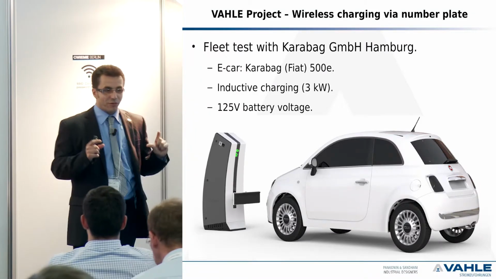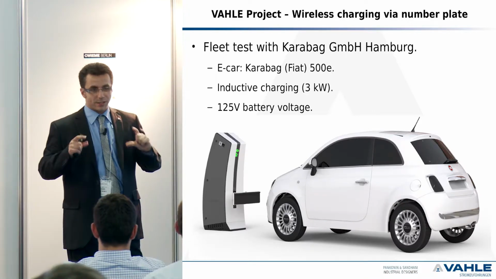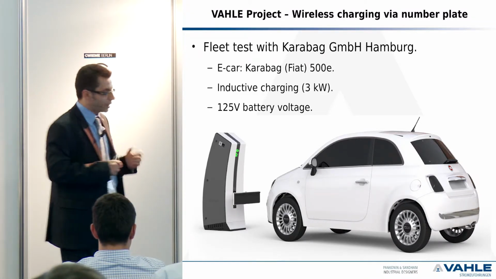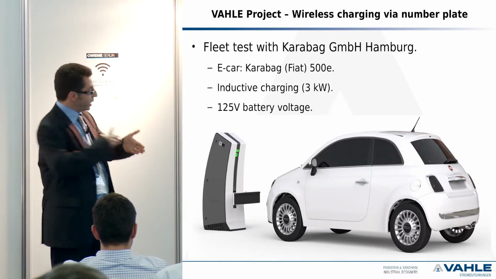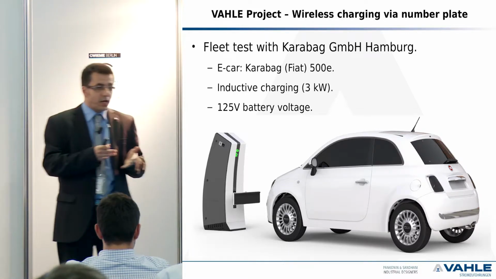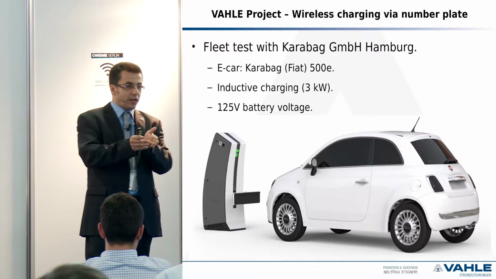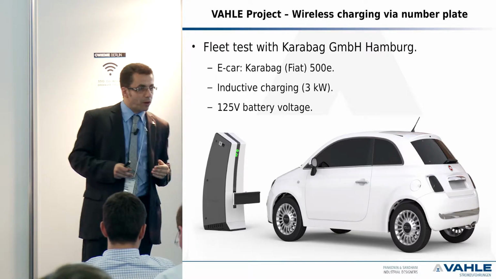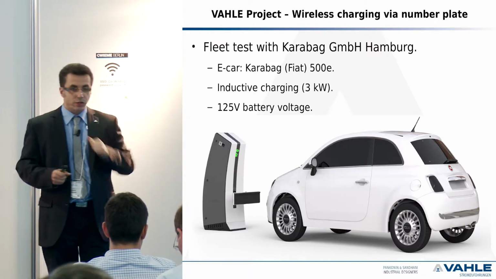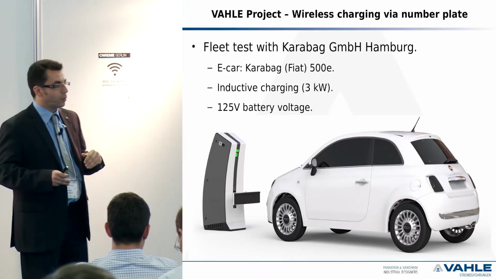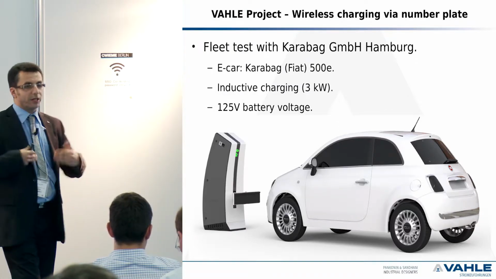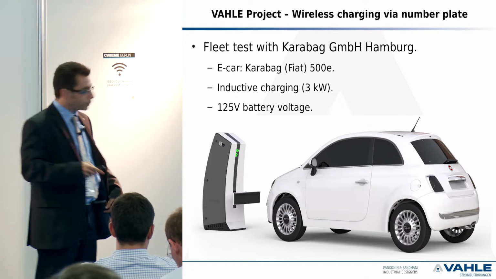So it's not made of aluminum, surely. This is a plastic number plate, and then you can drive against that charging spot, and the coupling is given by those coils, so you can transfer power easily. We have a very good coupling. From the electrotechnical point of view, it's very easy to transfer the power for this time.